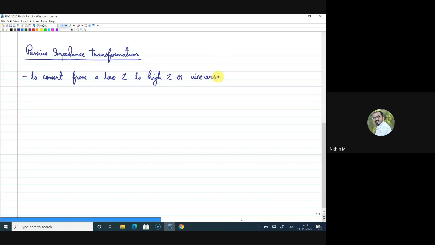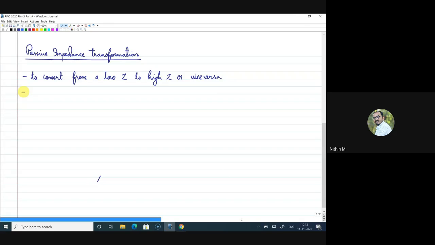So either it is a conversion from a low impedance to a higher impedance or from a higher impedance to lower impedance. The idea is actually to provide matching. And if you ask me the question, why do we need matching? Because we know that maximum power transfer is possible when your source impedance is equal to load impedance. That is the basic idea behind this impedance transformation or matching.